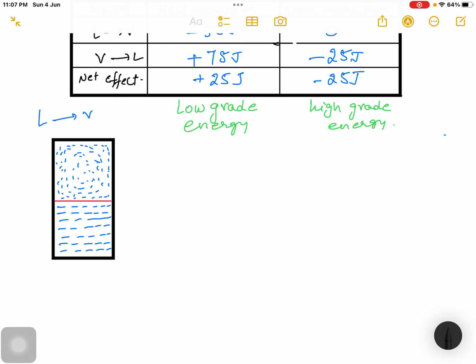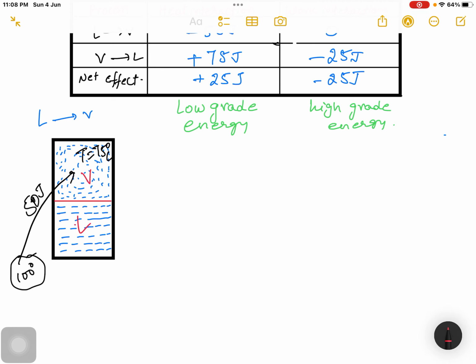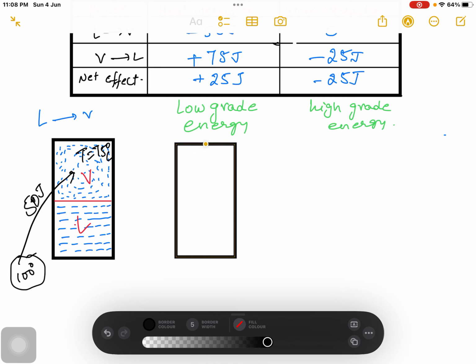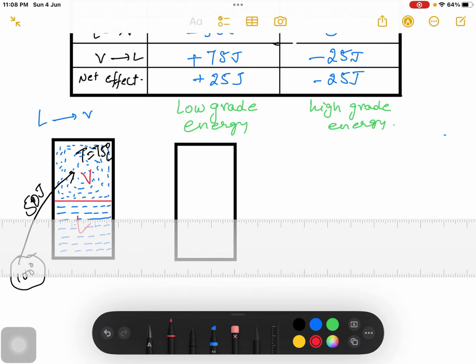I am having a source of 100 degree Celsius and supplying heat of 50 kilojoules, and here the temperature is suppose 75 degree Celsius, and the level of liquid decreases and the level of vapor increases.